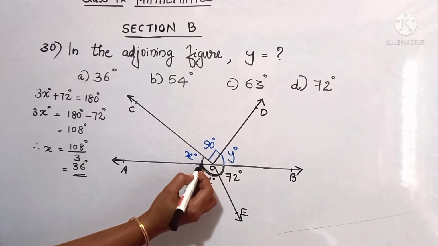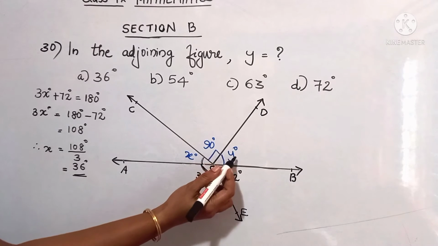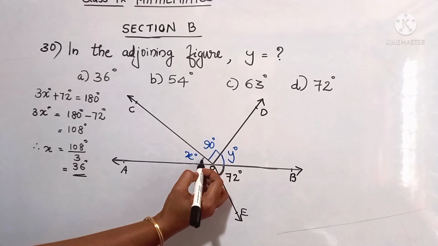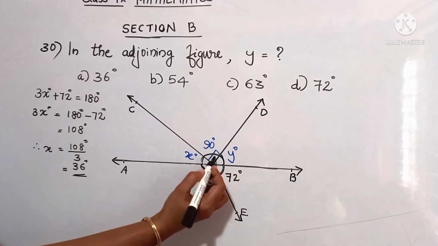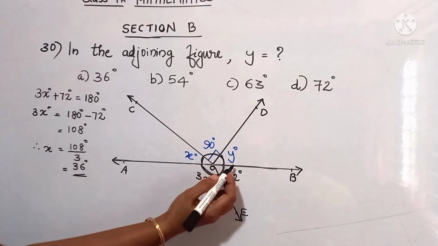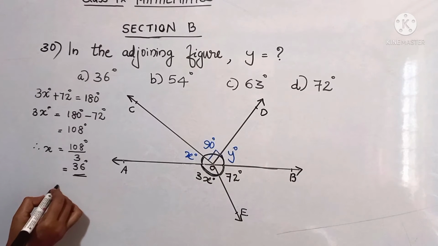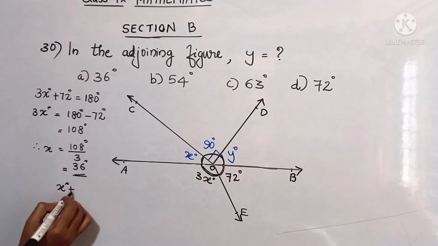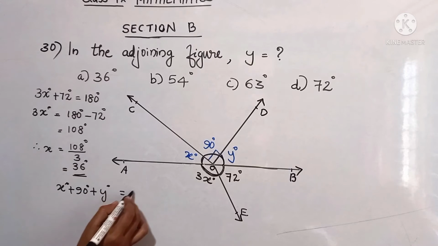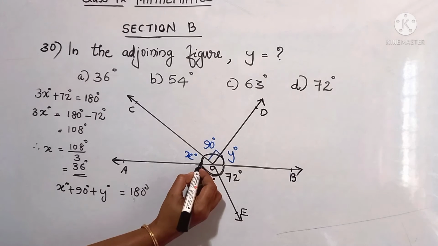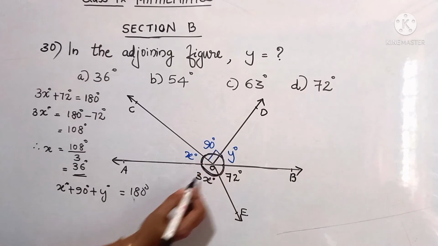Observe here, x plus 90 plus y is equal to 180 degree. When we join these three angles, it becomes a 180 degree straight angle. So we are taking x degree plus 90 degree plus y degree is equal to 180 degree. This is a straight angle, these three together.